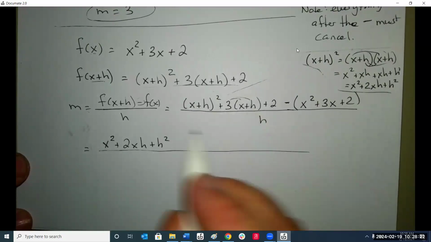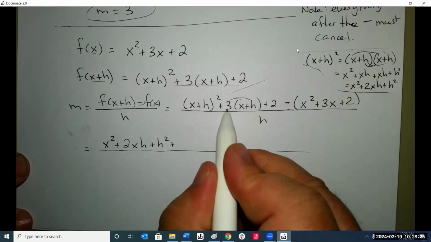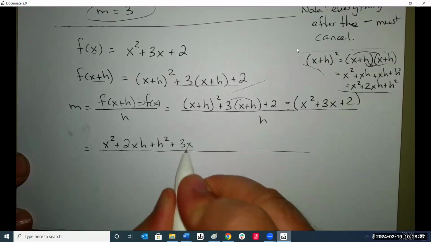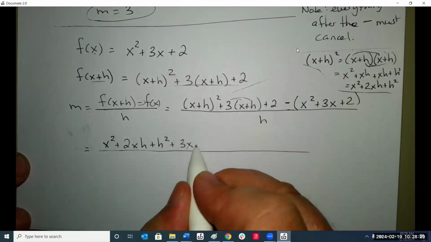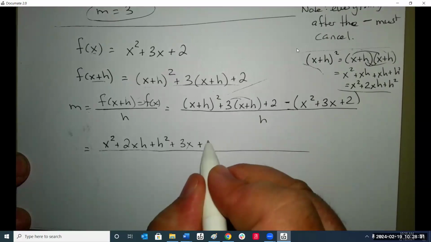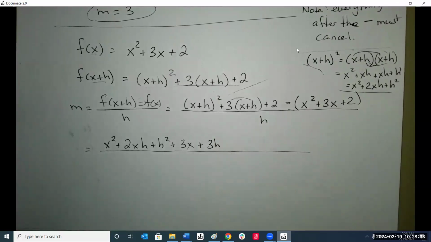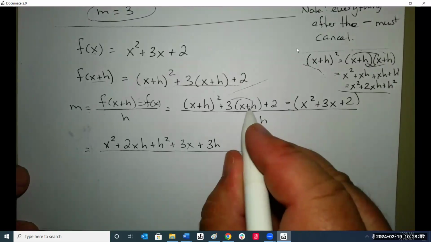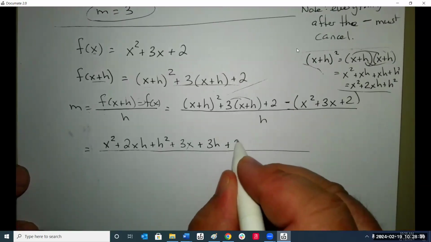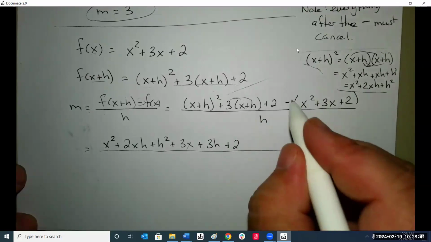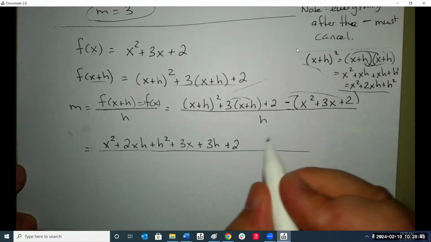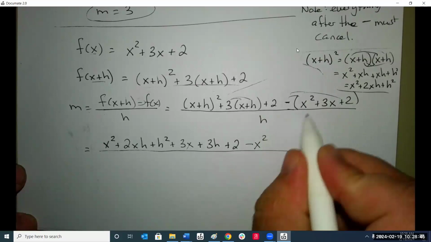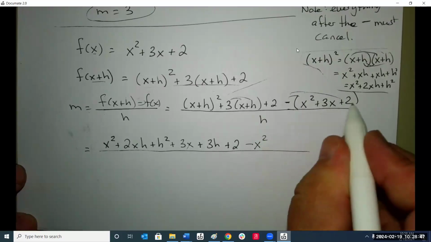Then I've got to do these. 3 times x is 3x. 3 times h is 3h. That's that one. Plus 2. Distribute that negative sign, so it becomes negative x squared. Basically, it just changes all the signs inside there.